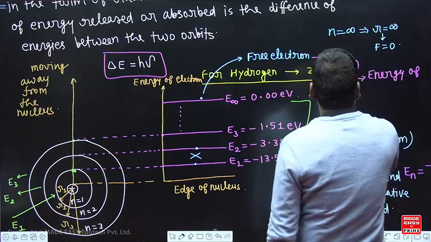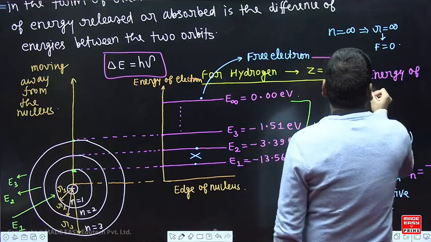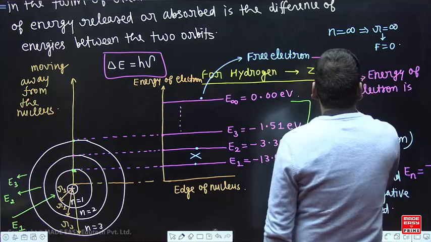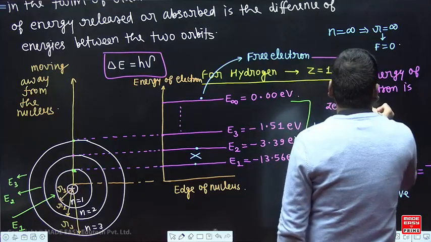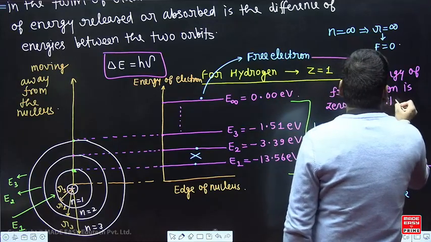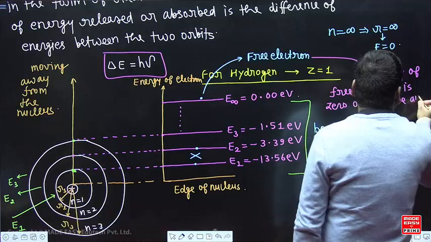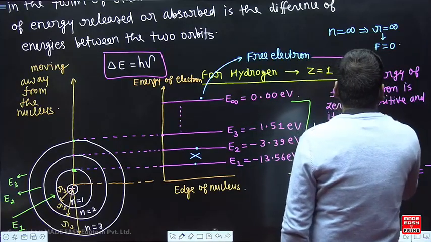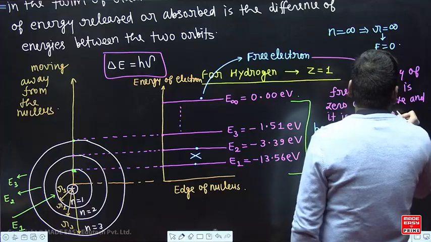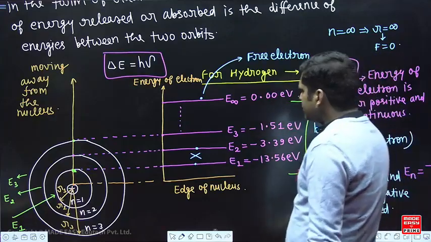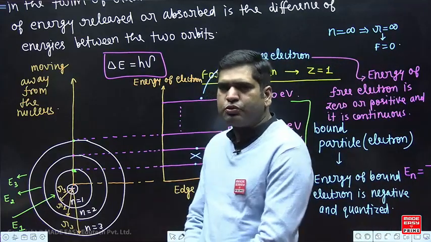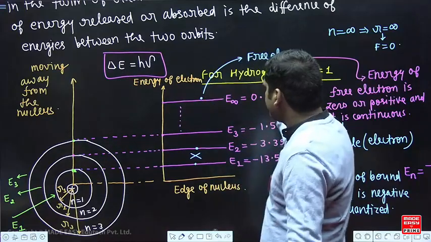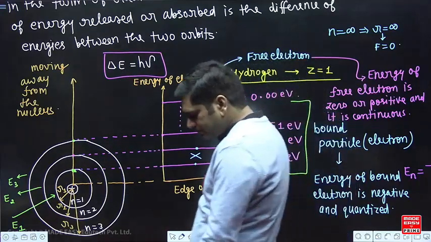Energy of free electron is 0 or positive, and it is continuous, because the quantization rule is not followed here. Quantization is because of mvr is equal to nh by 2 pi, and that is valid only around the nucleus, but this electron is free from the influence of the nucleus.